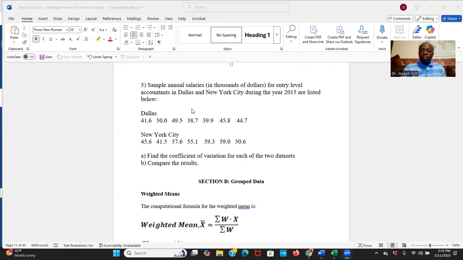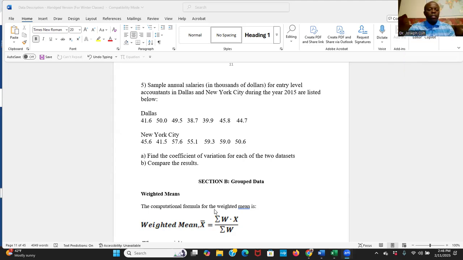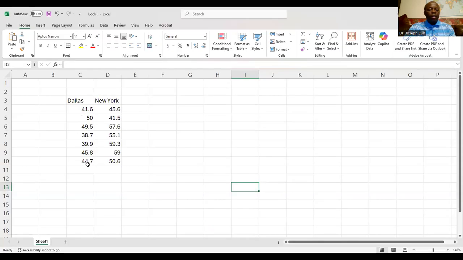I showed you the formula and I gave you examples of how to do it. Now, I'm going to use Excel for this so that you can also learn how to do it in Excel. So again, the first thing is to make a table of values for it. And I did it in Excel, and you can see where I have it located here. Right here, I see the Dallas data and New York data.